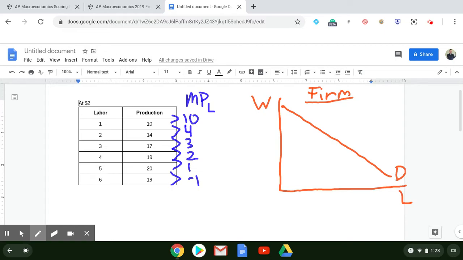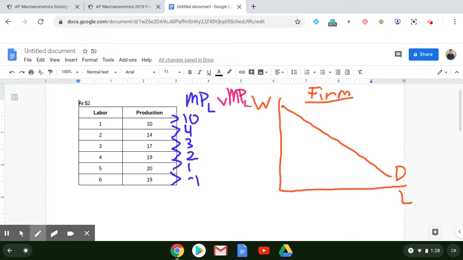Whereas for a firm, their demand is based on how much money, how much revenue they generate from each unit of labor.